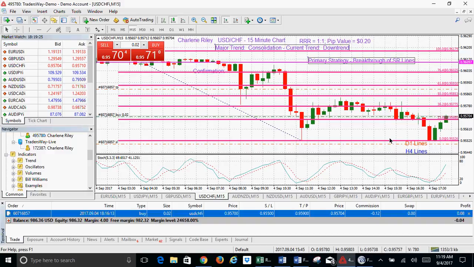I will adjust my stop loss level to protect pips that have been gained.